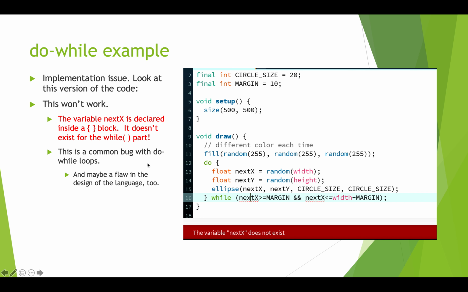And this is actually a really common bug, but a lot of people would consider this a flaw in the design of the language, because with for loops, we can have things declared inside of the round brackets, and then they're in scope within the curly braces. So it works fine there. And with do-while loops, it just doesn't. So it's a little bit inconsistent and a little bit problematic. If I was redesigning this programming language, I would allow this to be in scope here, even if it's declared inside of here, but that's the way it is.